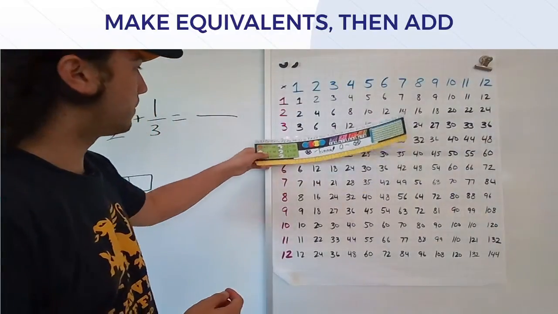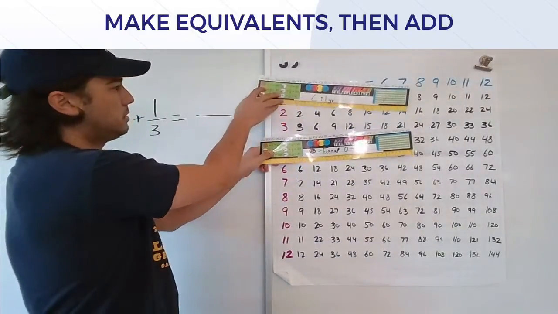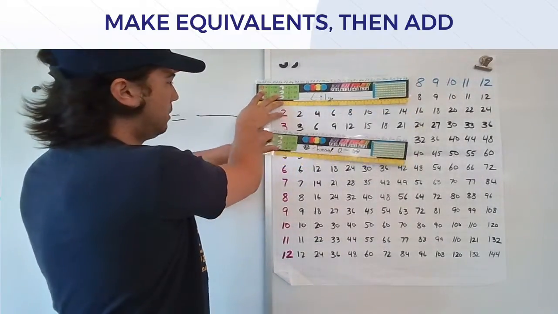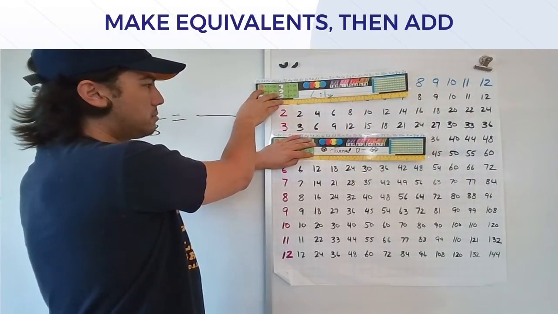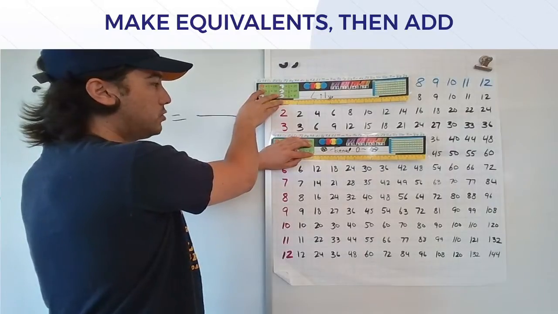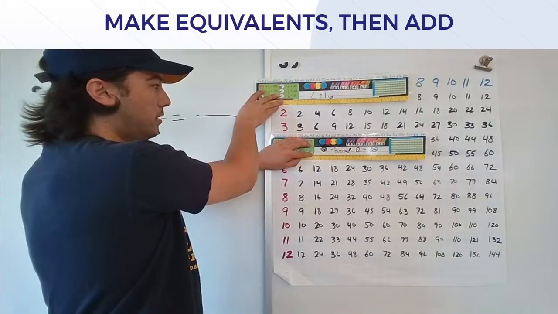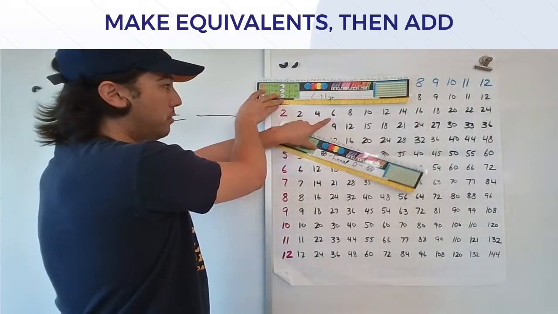Let's take a look here. So here's our thirds. Here's our halves. What's the smallest number, because I see a few, but what's the smallest number that appears in both the 2's row and the 3's row? And I'm already seeing right away, I'm seeing 6 in both.